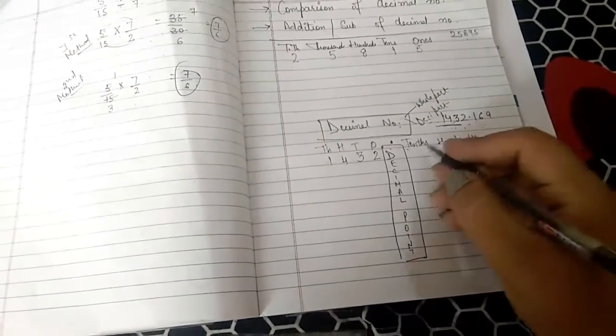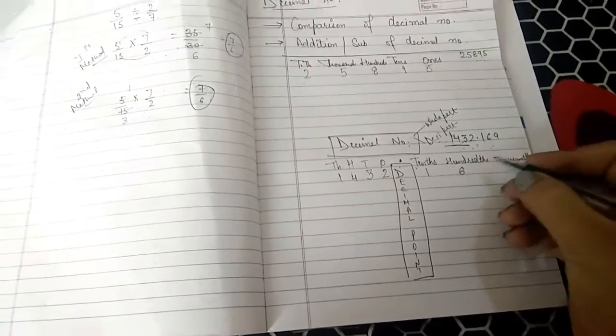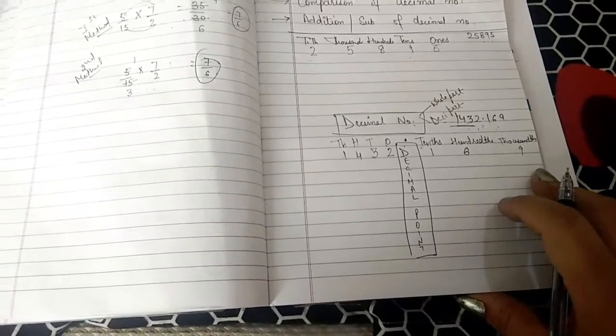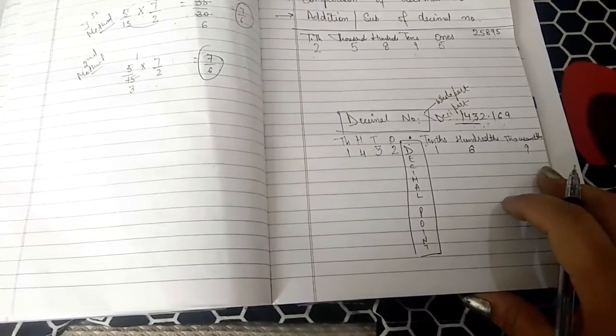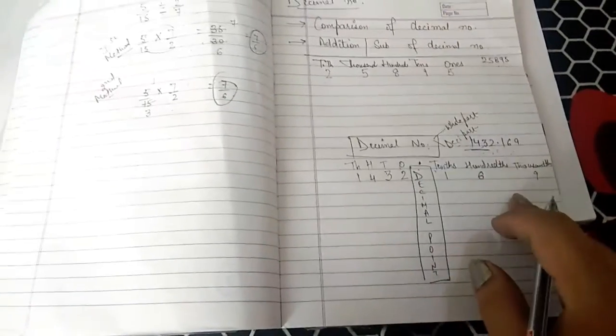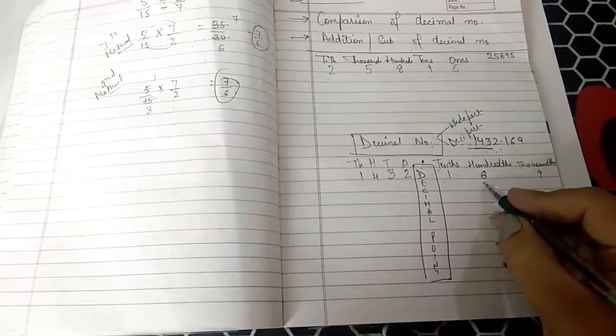So now 1 will come under tenths, then 6 will come under hundredths and 9 will come under thousandths. So clear how you will write a decimal number into the place value chart? Whole part same as you were doing, and the decimal part always starts from tenths, then hundredths, thousandths, ten-thousandths.